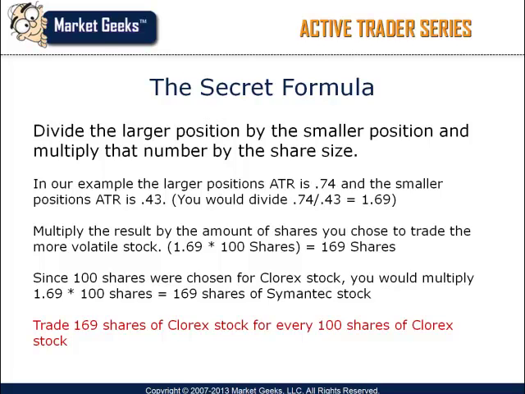You will divide 0.74 by 0.43 and it will come up with 1.69. You multiply that result by the amount of shares you choose to trade of the more volatile stock. Since 100 shares were chosen for Clorox stock, you would multiply 1.69 by 100 shares and you will get 169 shares of Symantec stock for every 100 shares of Clorox stock.